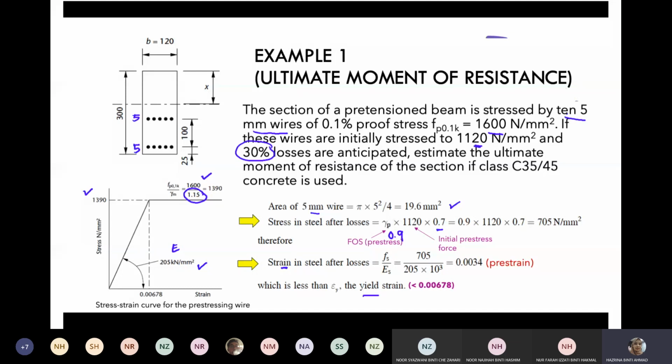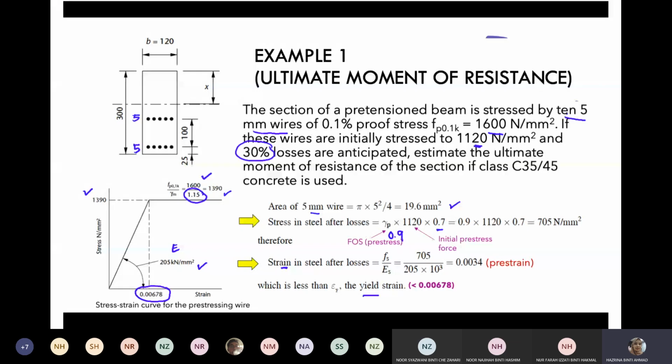For this pre-stressing reinforcement, you can see from this stress strain curve that we have already calculated the value of proof stress divided by the partial factor of safety. Then to get the strain at the yield point, we divide this 1390 by the E value.